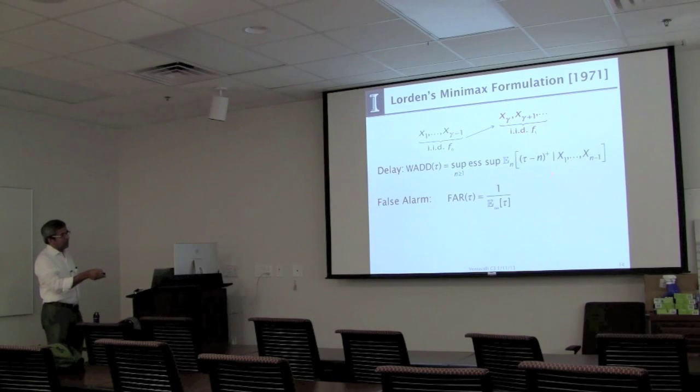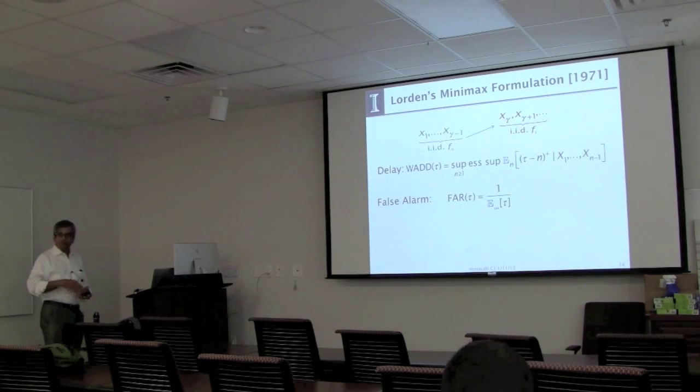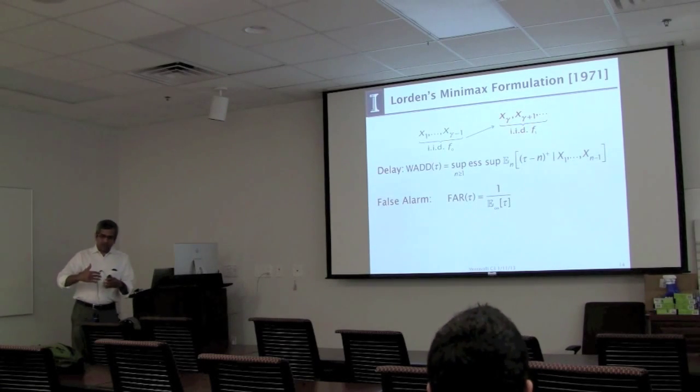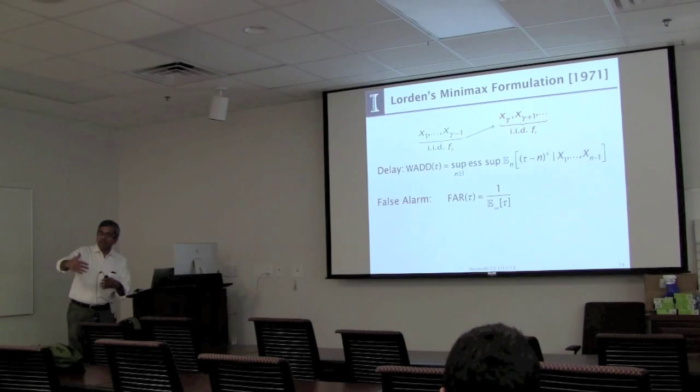Okay. And then you characterize false alarms through what's called the false alarm rate. And the E infinity here stands for the expected time it takes to stop when the change happens at infinity, in which case all the observations actually come from the F0 distribution, or the pre-change distribution. So you can imagine having observations that all come from the pre-change distribution, and you stop because of a false alarm, right?